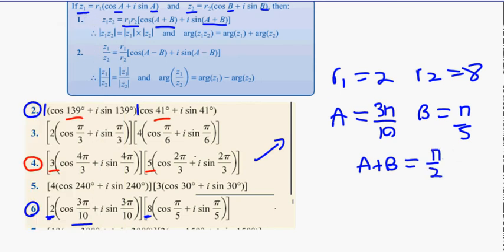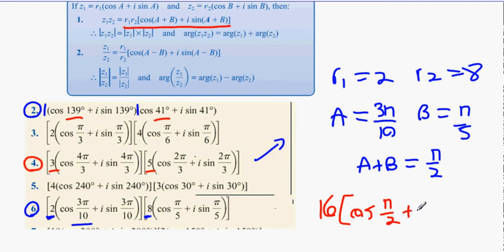So let's put it into the calculator, once again using this formula. R1 multiplied by R2 is 2 multiplied by 8, which is 16. Then we have cos(A plus B), which is pi over 2, plus i sin pi over 2.